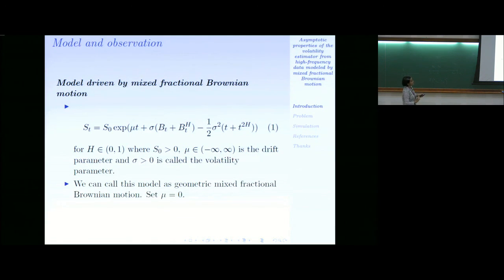If you remember the Black-Scholes equations, if you model only by Brownian motions or their linear combinations, you get positive and negative values. If you make it exponential, you get only positive values. Stock price is always positive, so better to model something positive. So this is an analog of geometric Brownian motion, a geometric fractional Brownian motion.